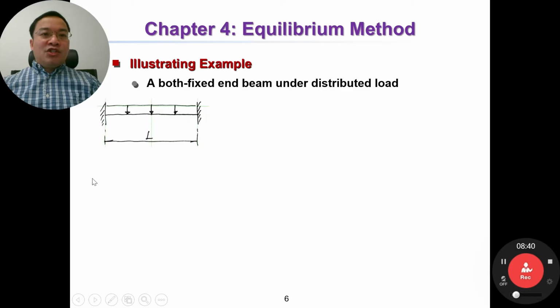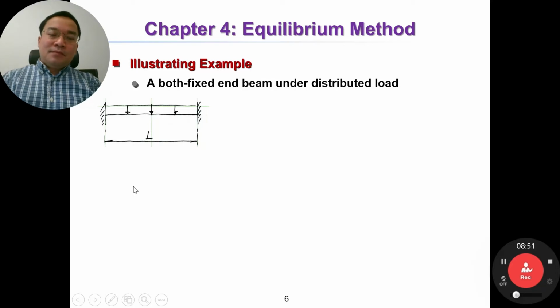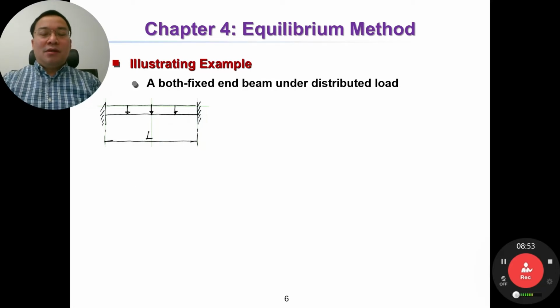Now I'm going to give you an example to illustrate the concept and the procedure that I just mentioned in the previous slide. Consider a fixed end beam under distributed load, as you can see here.